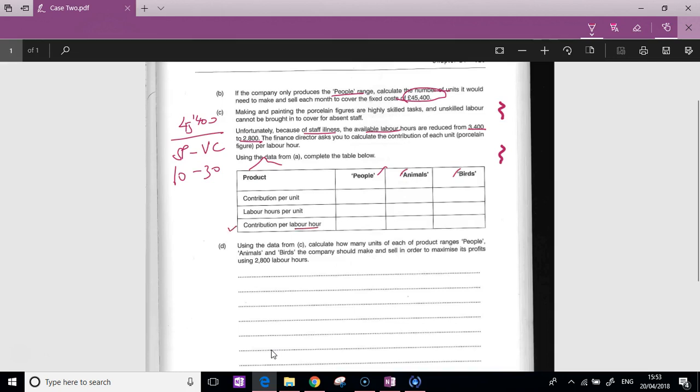And they're quite kind to you. They actually give you a table to work this out. But the principle is the principle of marginal costing again. Once you've covered your fixed costs, we're only really interested in how much contribution we can add to our profits. So whichever gives us the highest contribution per labor hour is what we're going to go for.